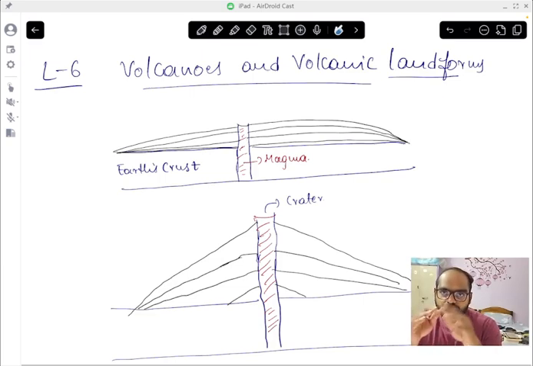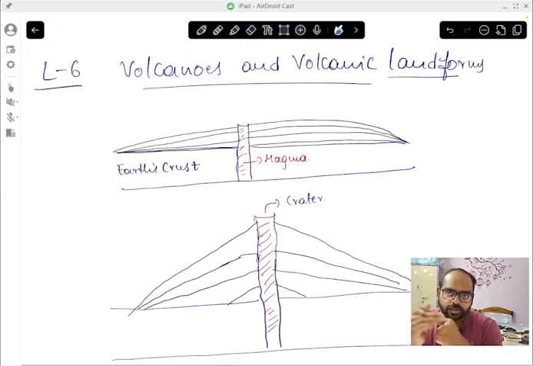What other matter comes with the lava? Along with the lava, we can see pyroclastic debris. Debris is nothing but waste material. Secondly, ash is formed.